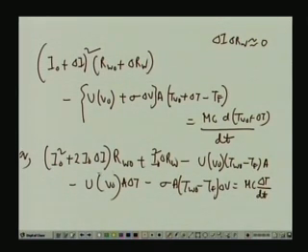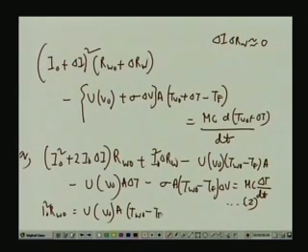Now, from this expression I subtract equation number 1. Let me write down the equation. If I recall, equation number 1 was I naught square RW equal to U V naught A into TW naught minus TF. Okay, this was equation 1, right.